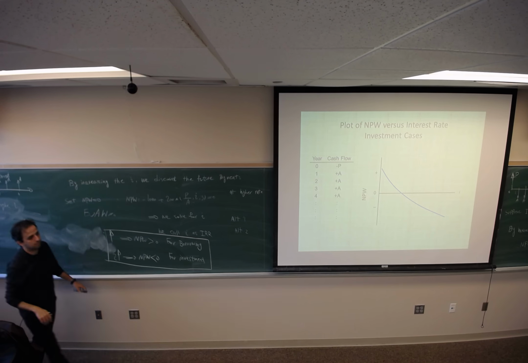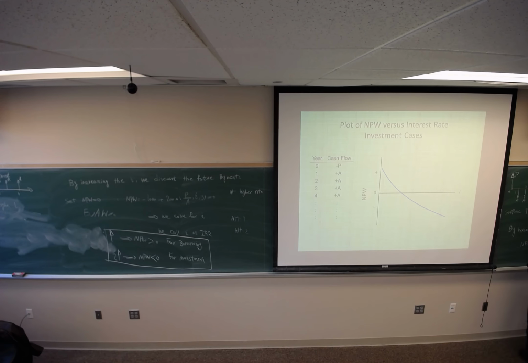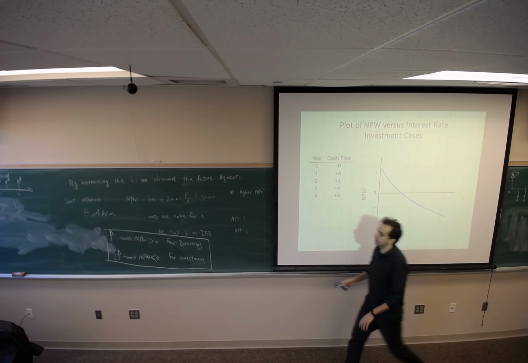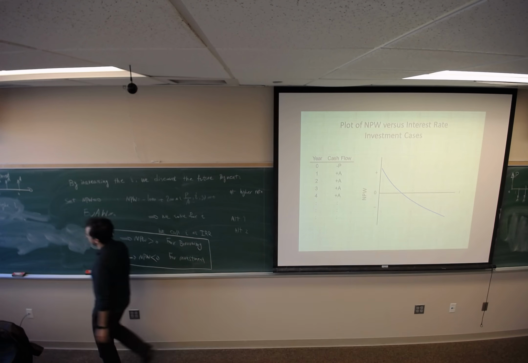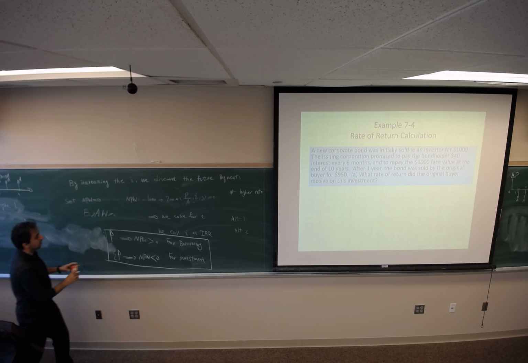If that makes sense. So when you borrow the money, you would like to pay less interest, so you would like to have lower IRR. In investments, you would like to have a higher IRR. So let me start working on some examples then.